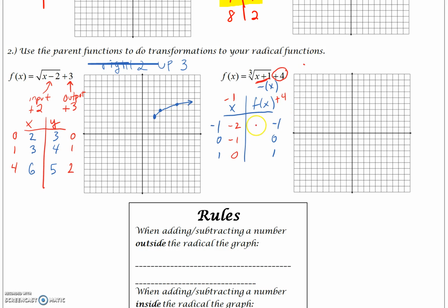Adding 4, so I'd end up with a +3. Adding 4 to 0, I have 4. Adding 4 to 1, I have 5. So now I have 3 points that I can sketch my graph. So I have -1, 4, -2, 3, and 0, 5.